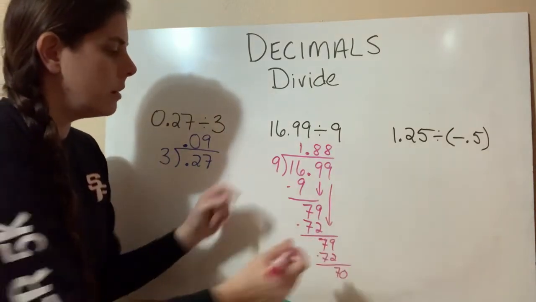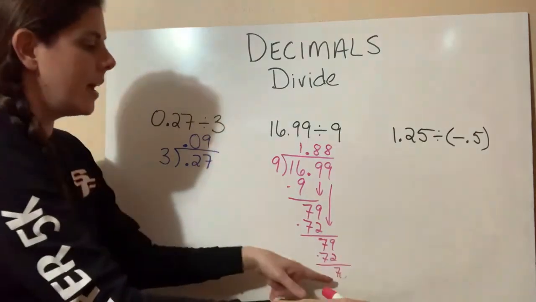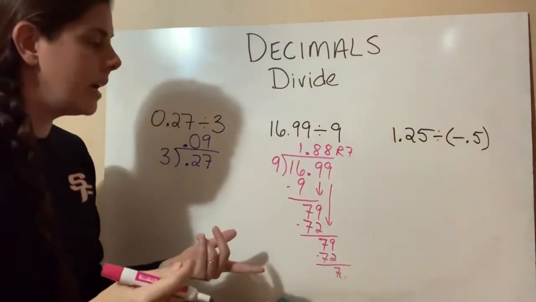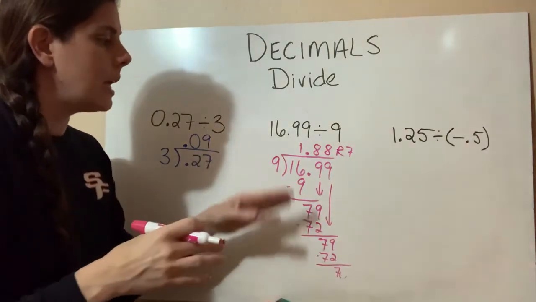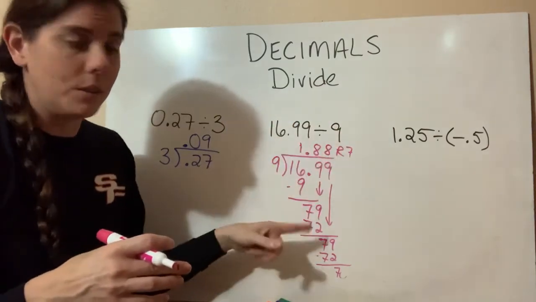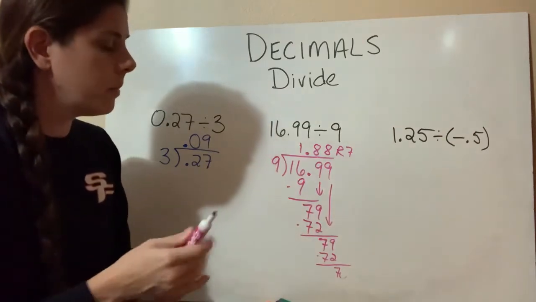But I'm going to go ahead and just leave it at that instead of putting a 0 there. You can just put a remainder of 7, or 7/9, however you want to do that. But again, this is just demonstrating how to set these up into long division and making sure you know where your decimal goes in your answer.